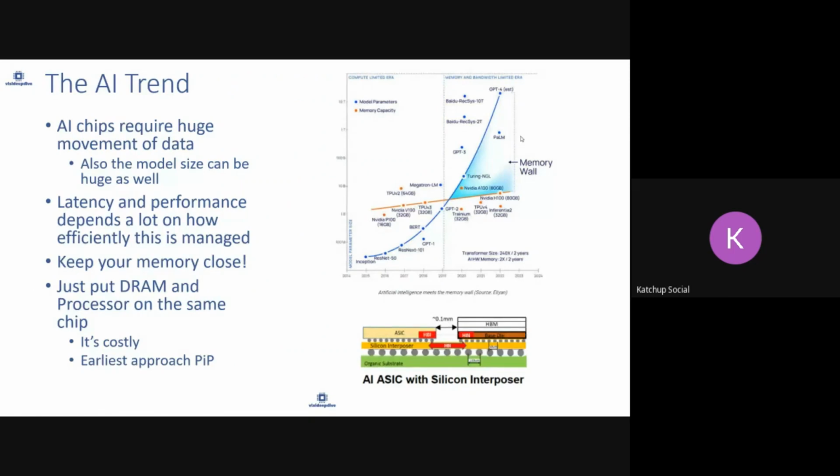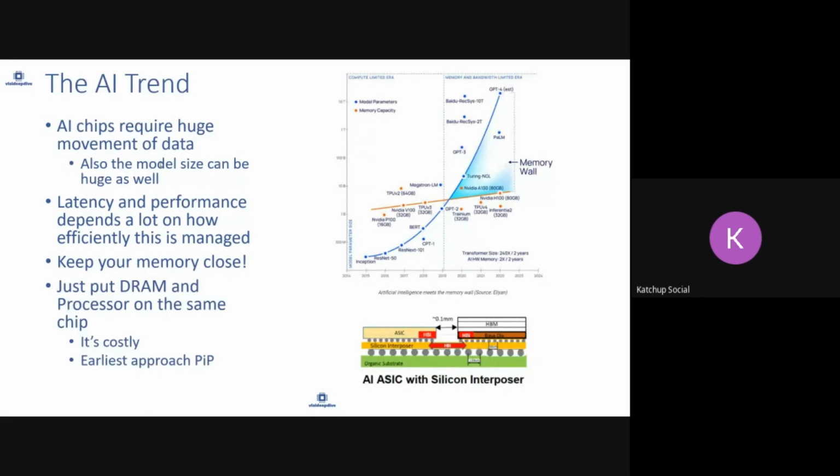In addition to that, one of the trends which you would see is AI chips, a lot of AI chips. You would have heard about ChatGPT. All these enabling technologies need specialized chips, specific application chips known as AI chips. And one of the prominent aspects of AI chips is they require a huge amount of data.